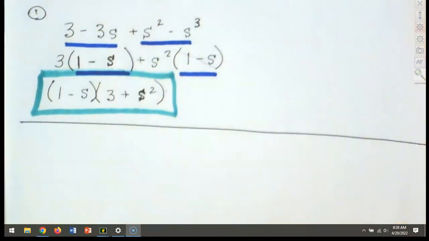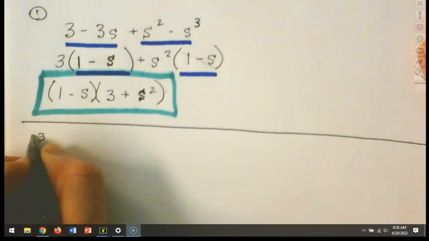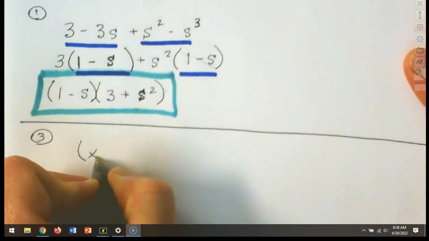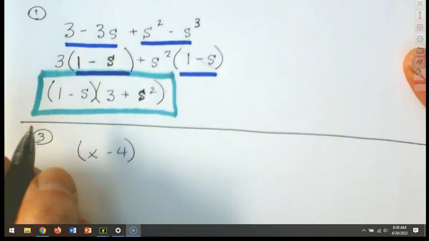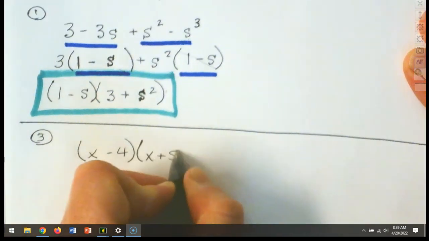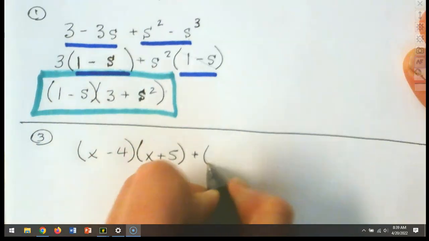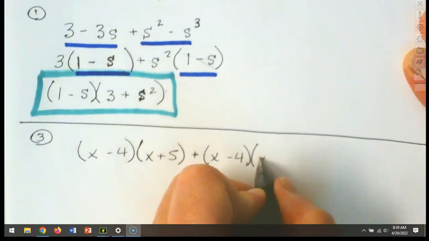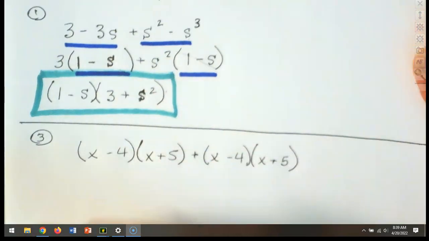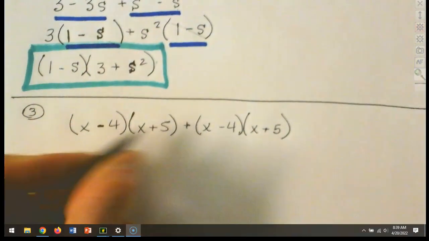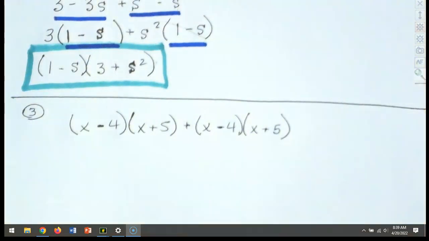Question 3 next. So in question 3, we want to take out the greatest common factor. Okay, so when we look at this one, what do these have in common?